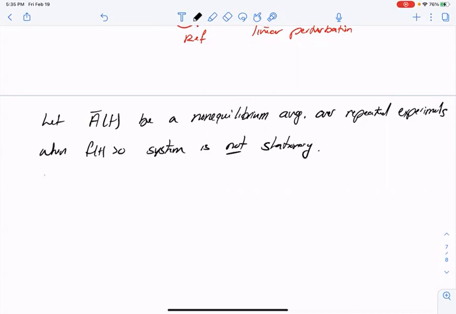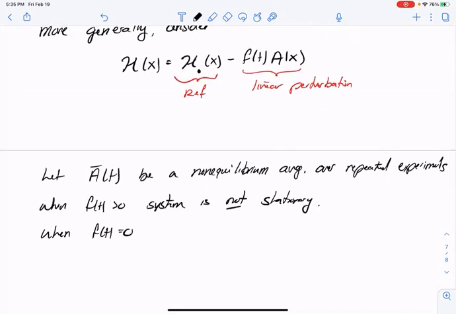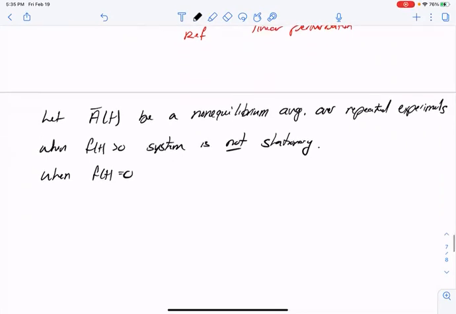However, when F is 0, we have a well-defined Hamiltonian and thus a well-defined equilibrium ensemble from which we can draw initial conditions, and for which we can denote averages over those equilibrium ensembles, bracket A.